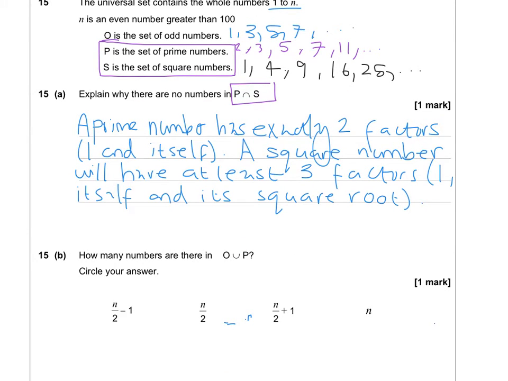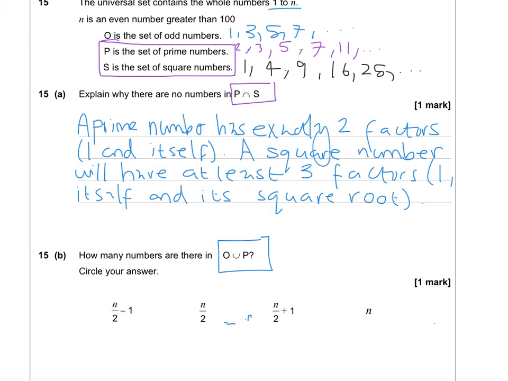Question 15, part B. How many numbers are there in O union P? That means the set of odd numbers or the set of prime numbers. Now, if there are n numbers overall, and n is an even number, then half of those numbers must be odd.